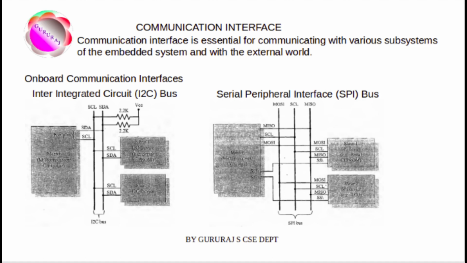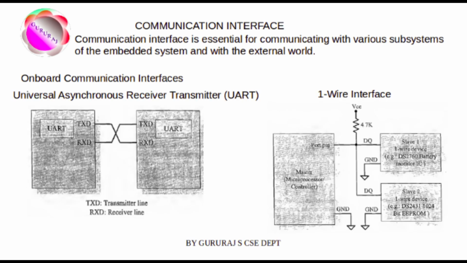Next onboard communication interface is UART, Universal Asynchronous Receiver Transmitter. UART based data transmission is an asynchronous form of serial data transmission. UART based serial data transmission doesn't require a clock signal to synchronize the transmitting end and receiving end for transmission.